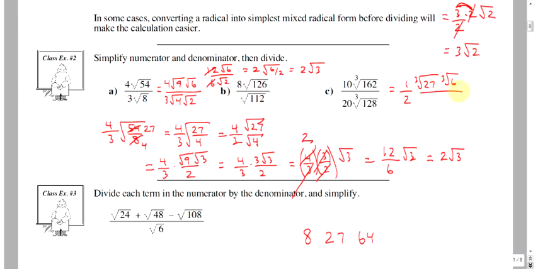What's a perfect cube that goes in 128? Cubed root of 64. Come on. Times the cubed root of 2.